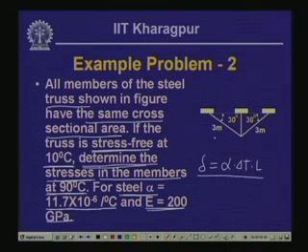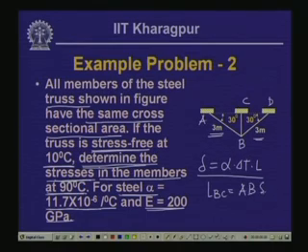Let us call the joints A, B, C and D. Length of member AB and BD, they are 3 meters. So, the length of member BC, which is 3 sin 30 degree, that is, length BC is equal to AB sin 30. So, this is equal to 1.5 meter.